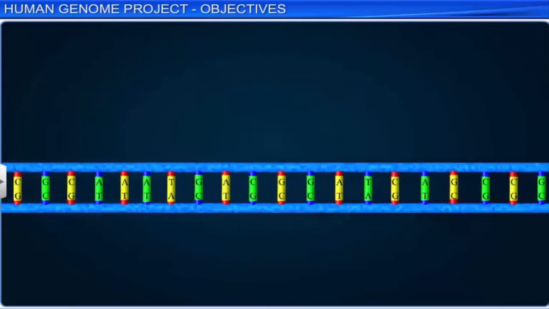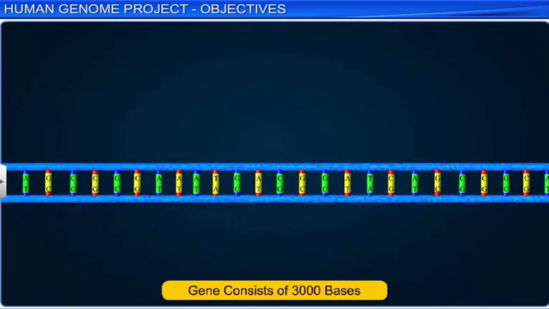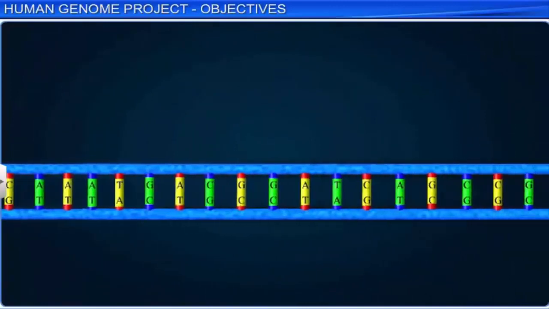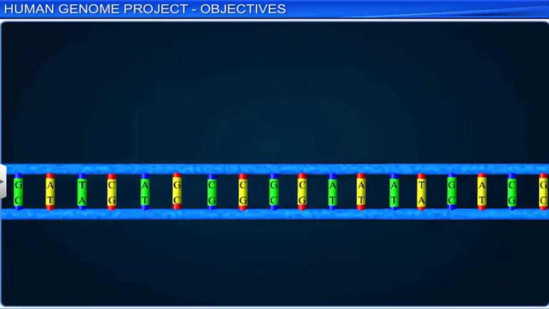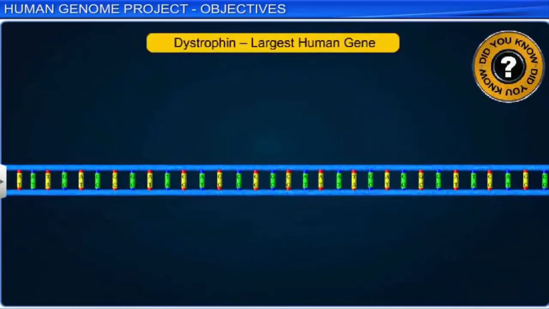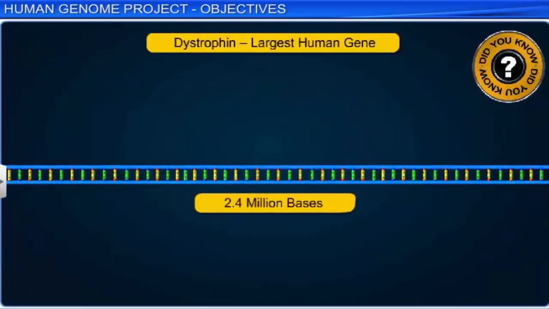The average gene consists of 3,000 bases. However, gene sizes vary greatly. Did you know that dystrophin is the largest known human gene, which has 2.4 million bases?